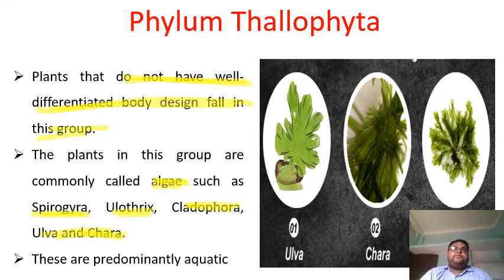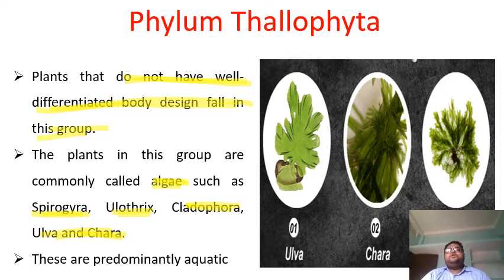So this type of plants where there is no differentiation, we call them as belonging to the phylum Thallophyta. Generally, the members of the phylum Thallophyta, we commonly call them as algae. And the members included here are Spirogyra, Ulothrix, Cladophora, Ulva, and Chara. Okay, students.